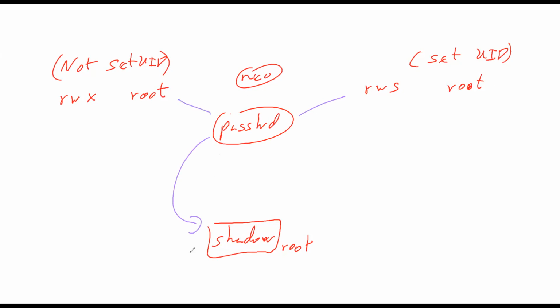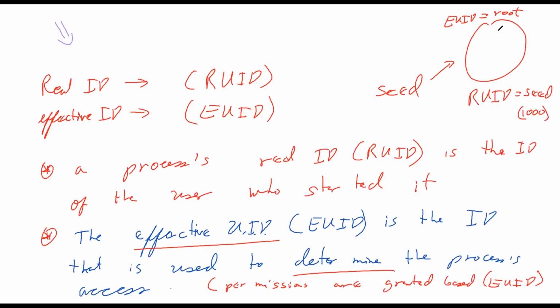So when Neo comes in and he runs passwd with these permissions, read, write, and execute, Neo will spawn a process. So now let's call this the passwd process with all its metadata, but in particular, what's relevant for us is EUID and RUID, right?